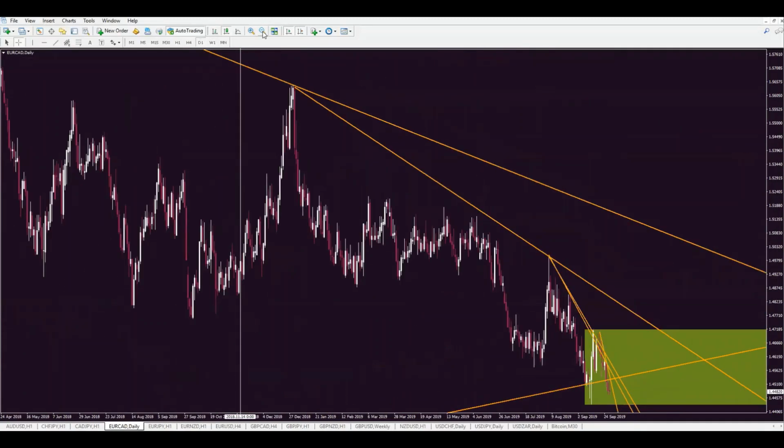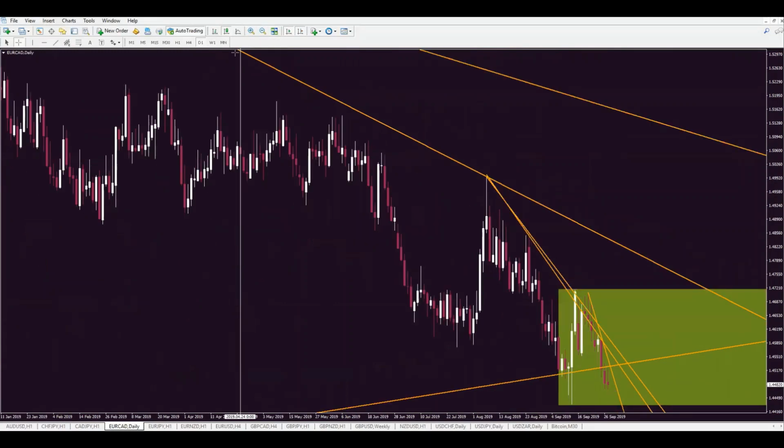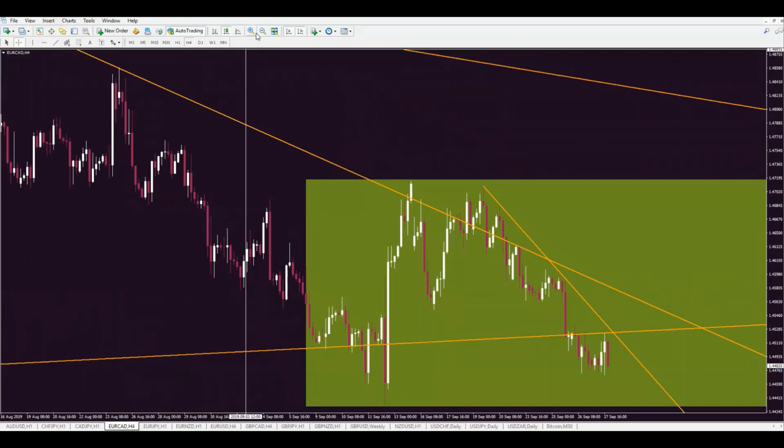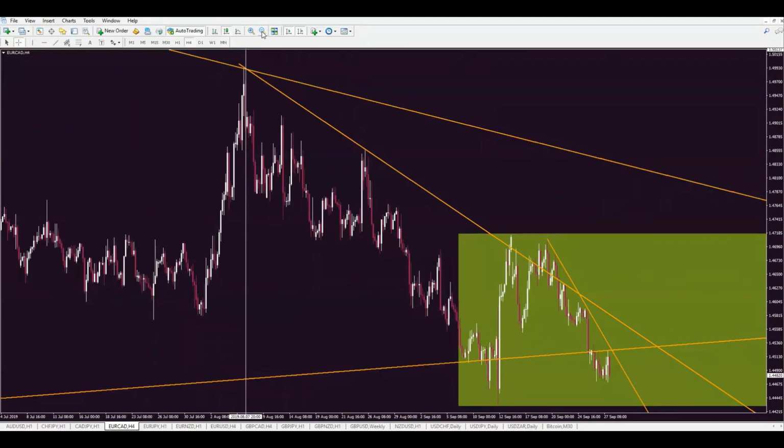Daily still bearish. Nothing too critical here. 8-4 now. Let us check all the trend lines, right?